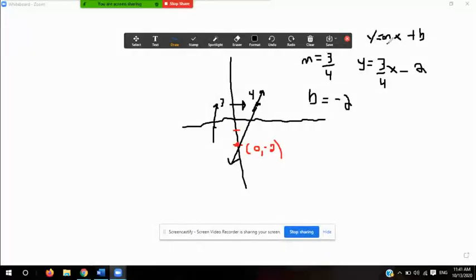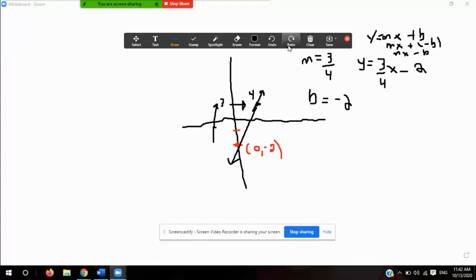I can also say y equals mx plus negative 2, or plus negative b, which is the same thing as saying y equals mx minus b. So basically, if you have y equals mx minus 2 or minus b, it's pretty much the same thing as saying y equals mx plus negative b, or y equals mx minus b. So that makes no difference.